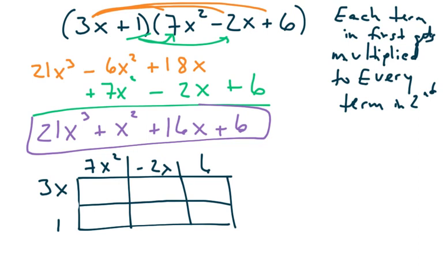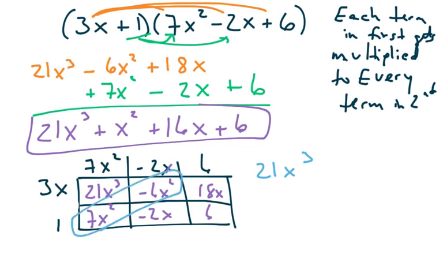And fill in the blanks. And combine your like terms. 21x cubed. Now here it's going to be 2 sets of like ones. Here's that positive x squared. Here's the positive 16x and the plus 6 at the end.